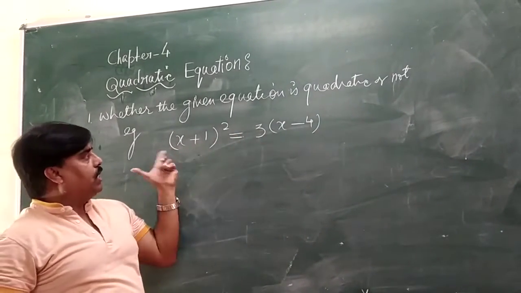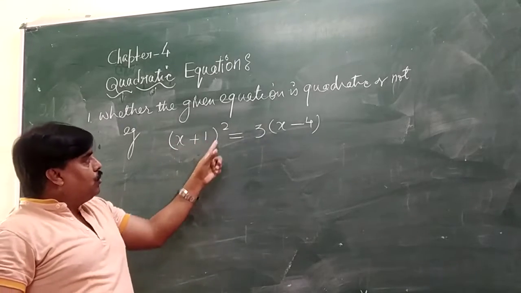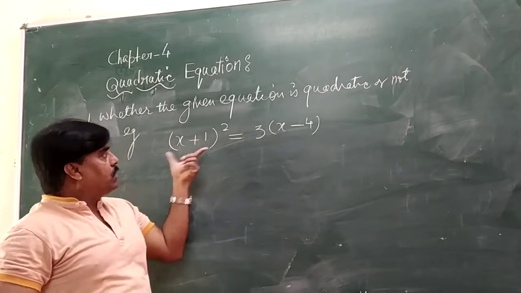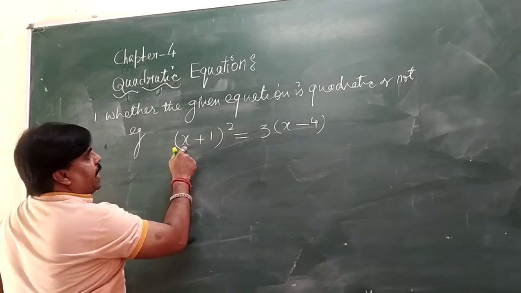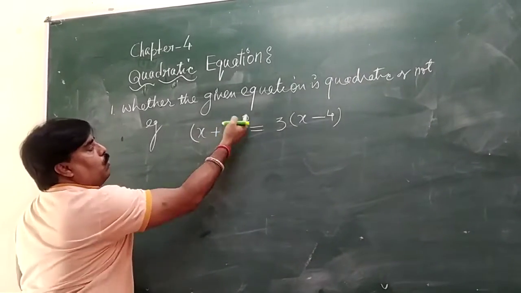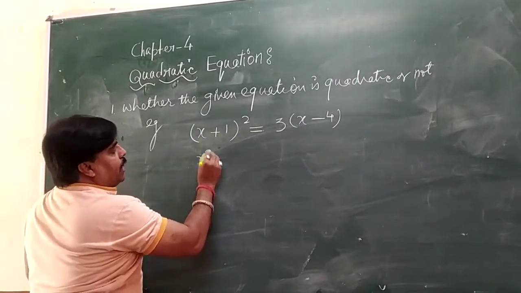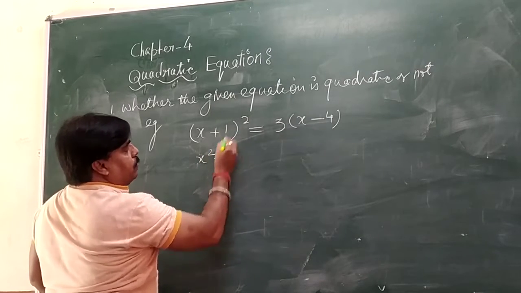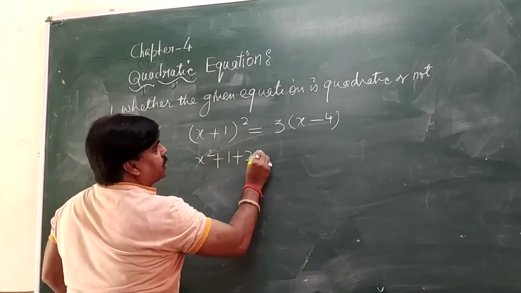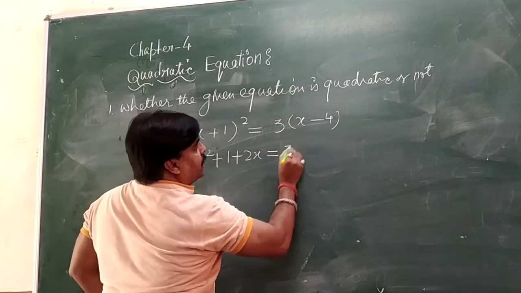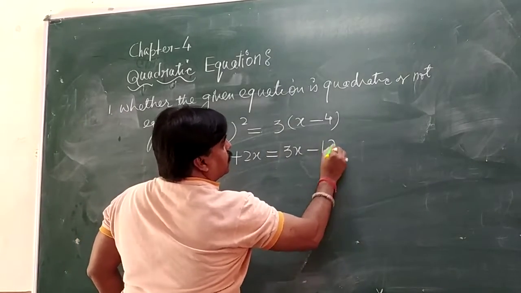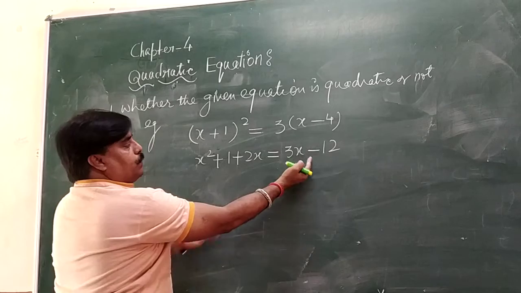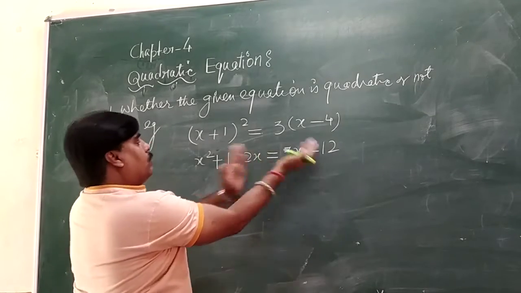So directly we cannot say this equation until unless we remove these brackets. You must simplify first. So x plus 1 whole square is like a plus b whole square. So you can expand. This is your x square plus 1 square plus 2 times x times 1, 2x, is equal to 3x minus 4. Now you must transpose each and every term to the left hand side.